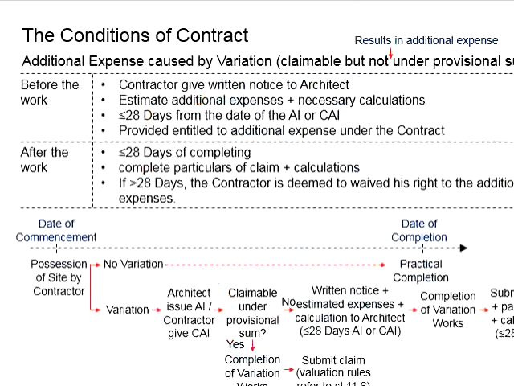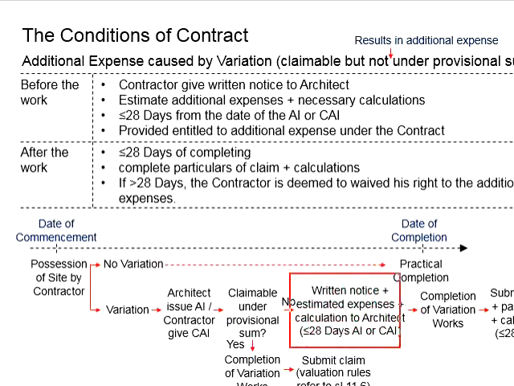If it is not, the contractor will need to notify the architect regarding the estimated expenses. Calculations for those expenses will need to be demonstrated to the architect in order to justify the relevant expenses.